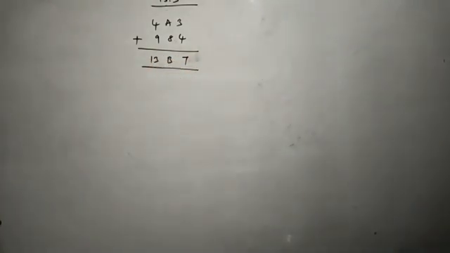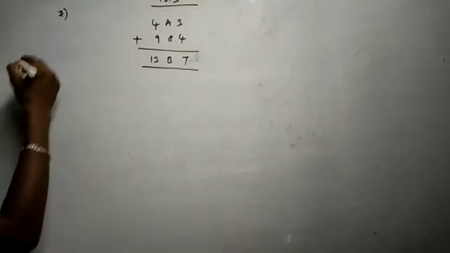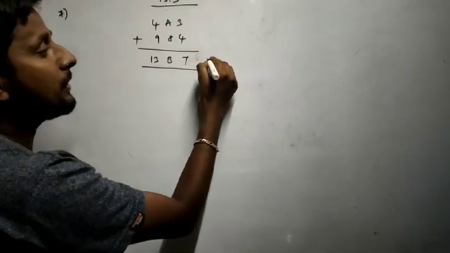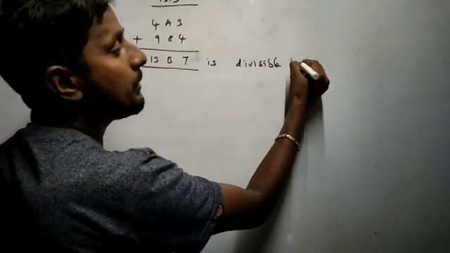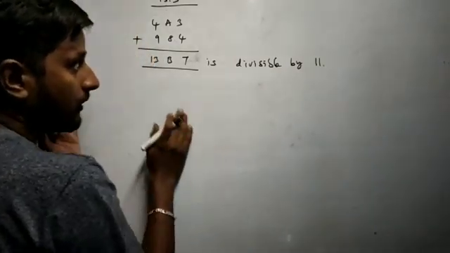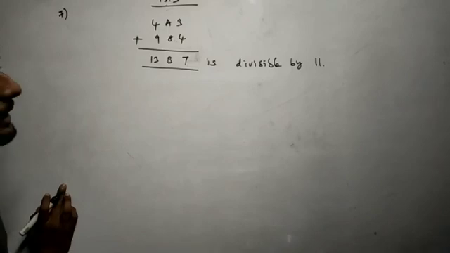Okay, seventh problem. 13B7 is divisible by 11. So this sum is divisible by 11. Find A plus B. Find A and also B.